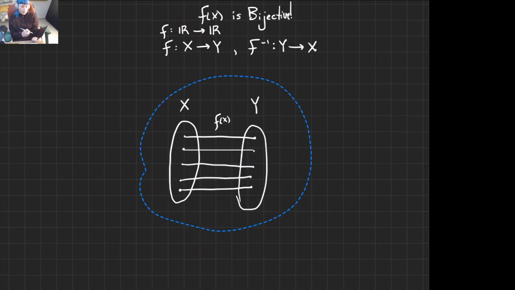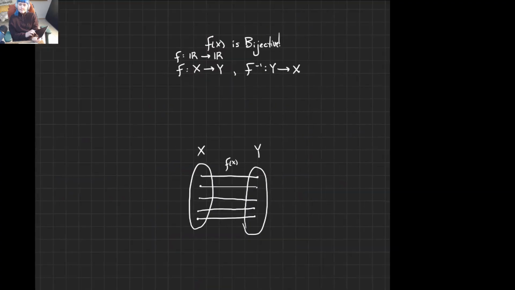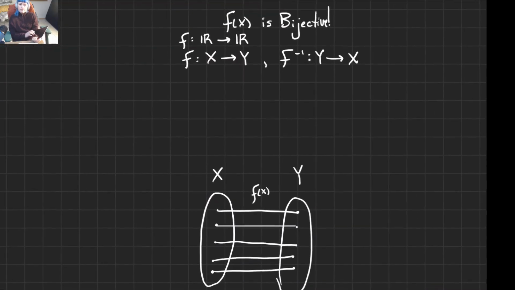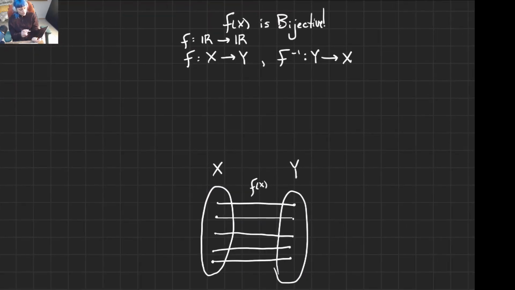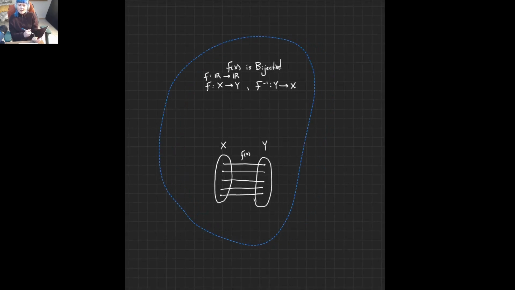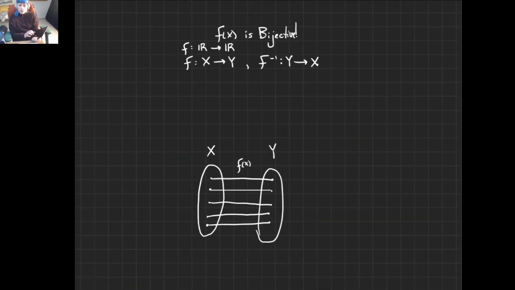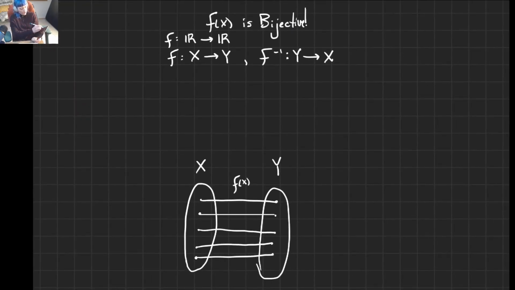Well, this is what that would look like given the symbology that we've used so far for f of x. So if you have f of x, then you have a point in y.